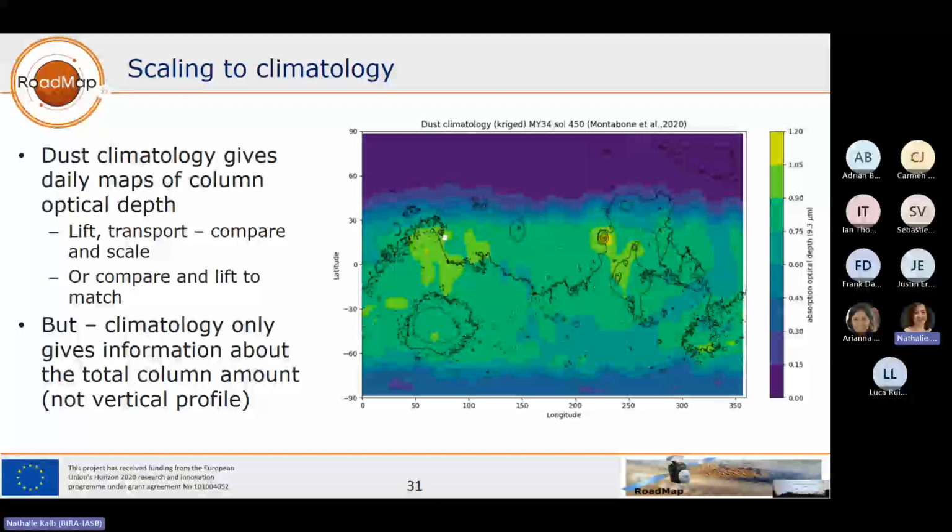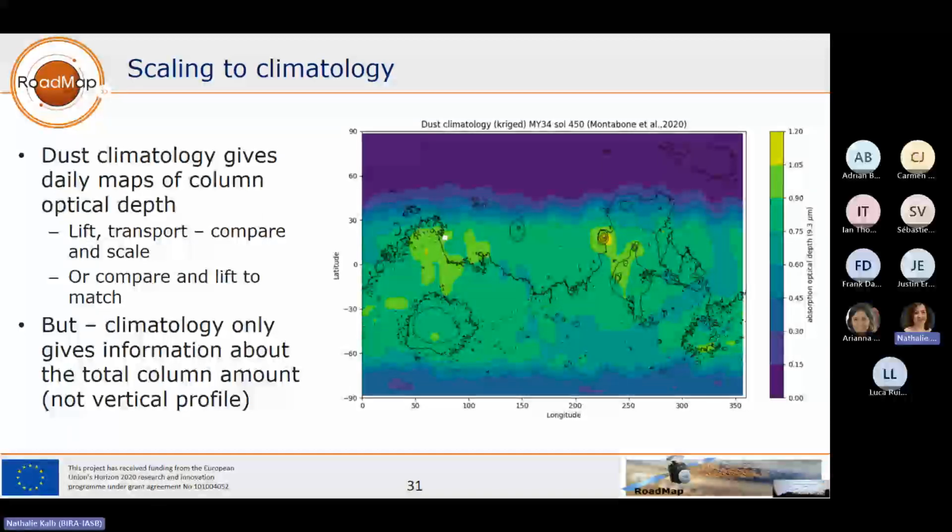Okay, a note about scaling to climatology. So this is a one day map. Again, now we have longitude and latitude, with Tharsis and Hellas, and it's just the optical depth. Most of us do it in different ways.